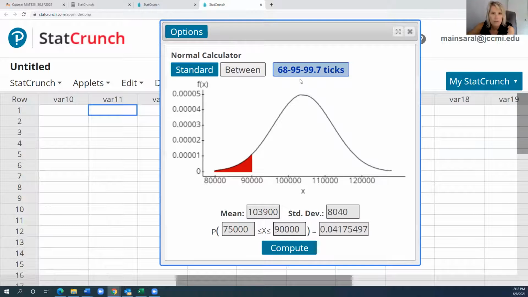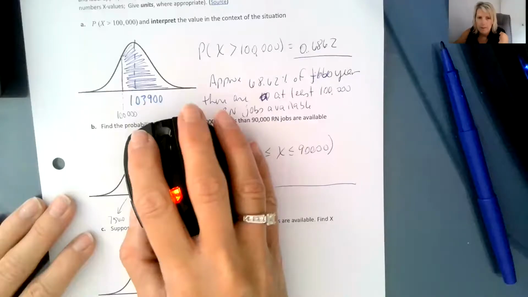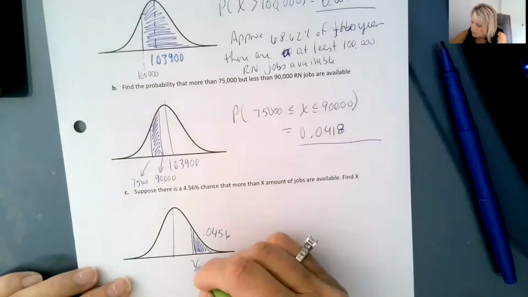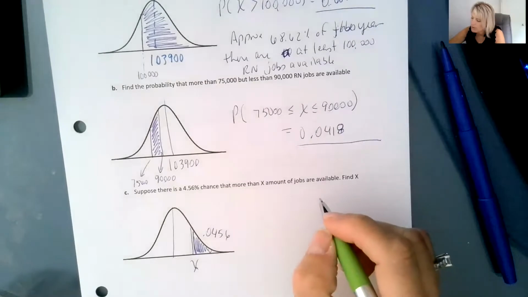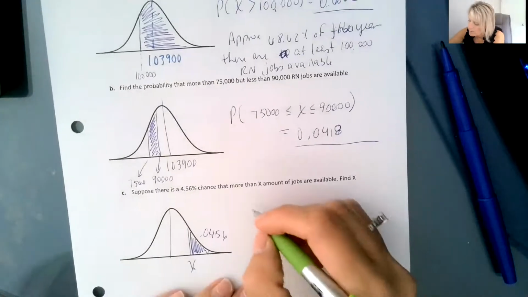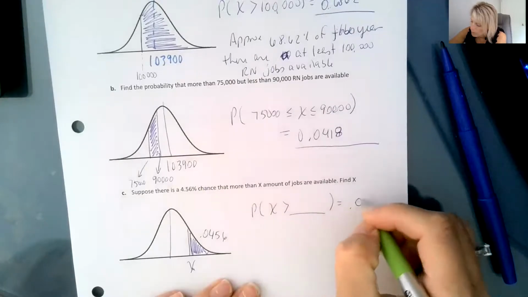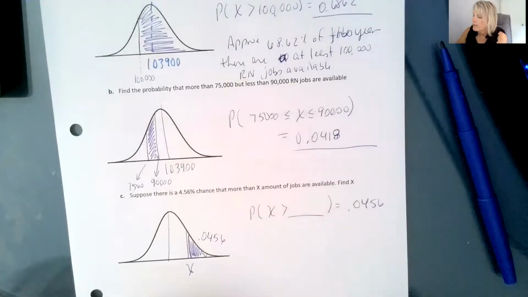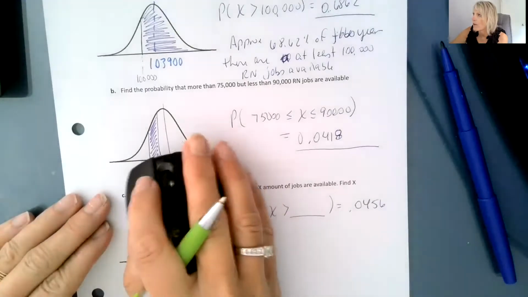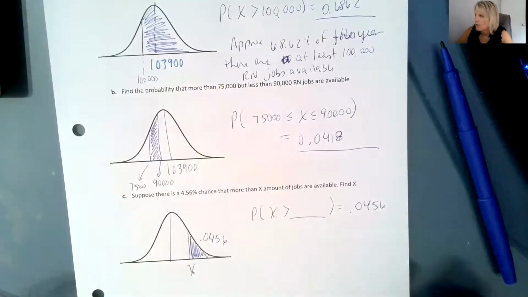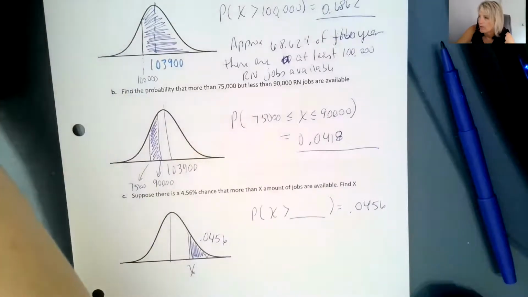Let me just show you what that would look like on that paper. So we're looking at this. So 5% of the time there's more than what amount of jobs? So X is more than what? 0.0456. So that's just a single one on our, we don't know what that is. So we're going to 0.0456.